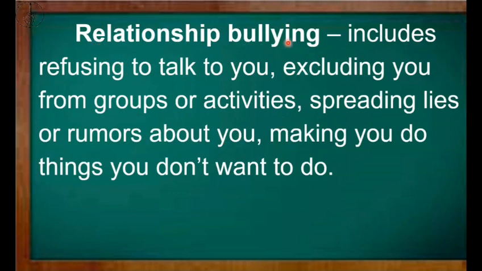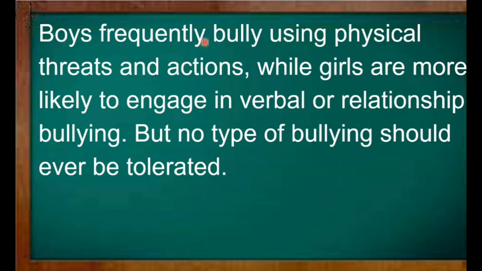Under relationship bullying, it includes refusing to talk to you, excluding you from groups or activities, spreading lies or rumors about you, making you do things you don't want to do. Boys frequently bully using physical threats and actions, while girls are more likely to engage in verbal or relationship bullying, but no type of bullying should ever be tolerated.